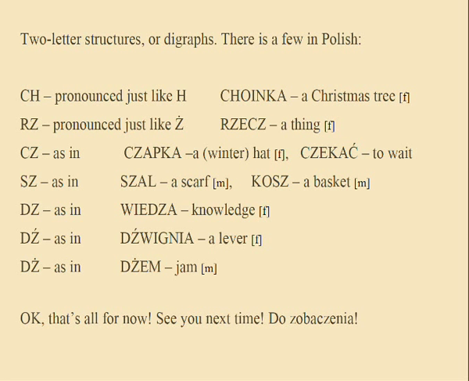CZ is pronounced like English ch, and you can find it in the words czapka, which means a winter hat, czekać, which means to wait. SZ, as in szal, or kosz, is pronounced sh. DZ, pronounced dz, you can find it in the word wiedza, meaning knowledge.